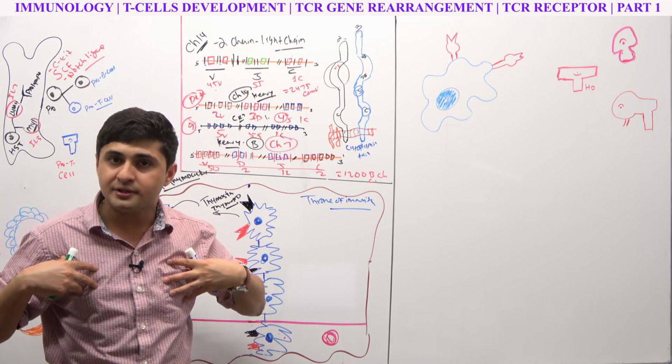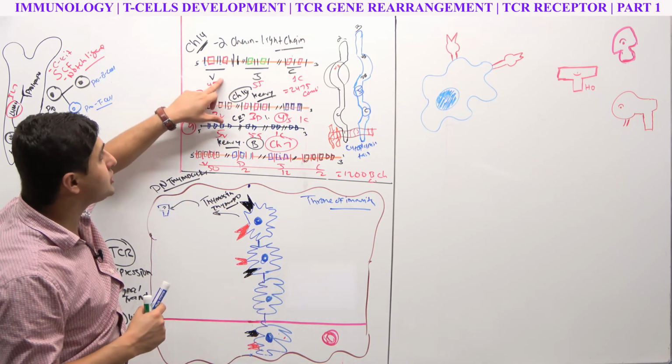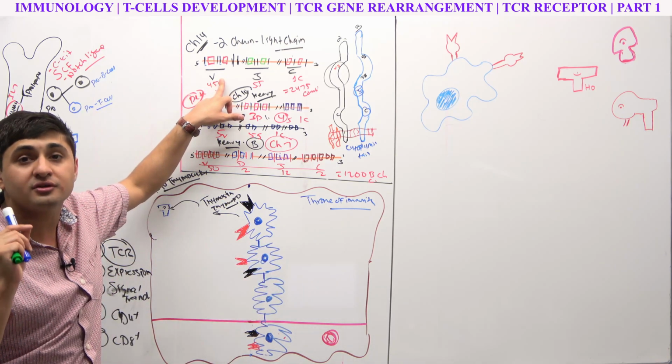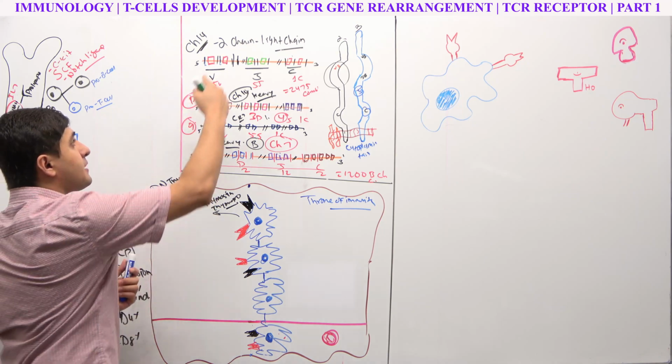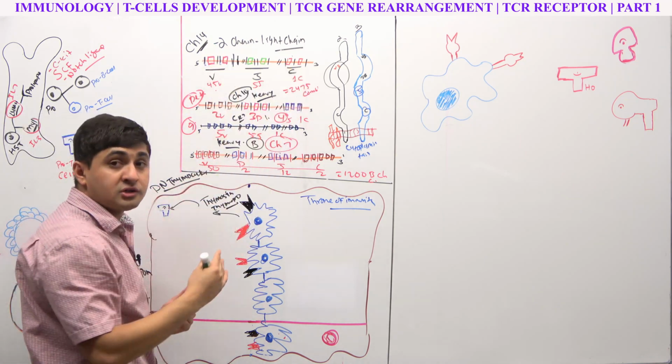Whenever you do that, you need an enzyme that performs the role of recombination, and you may also have to do some kind of alternative splicing.